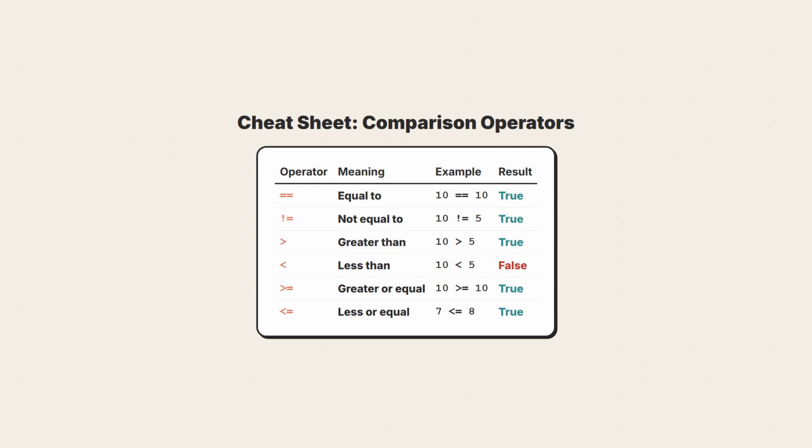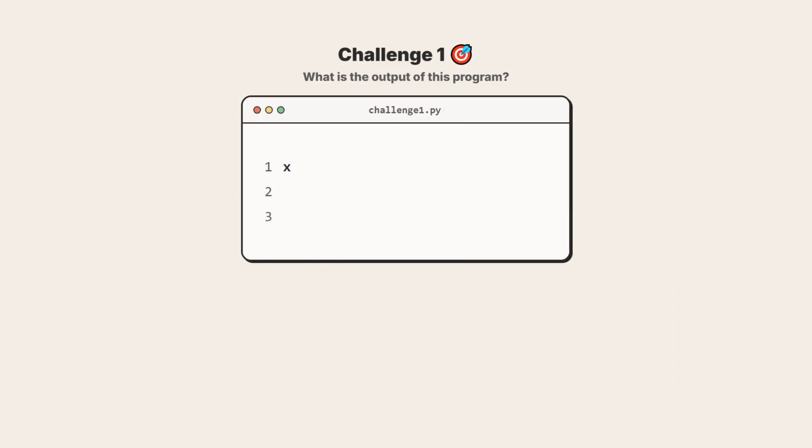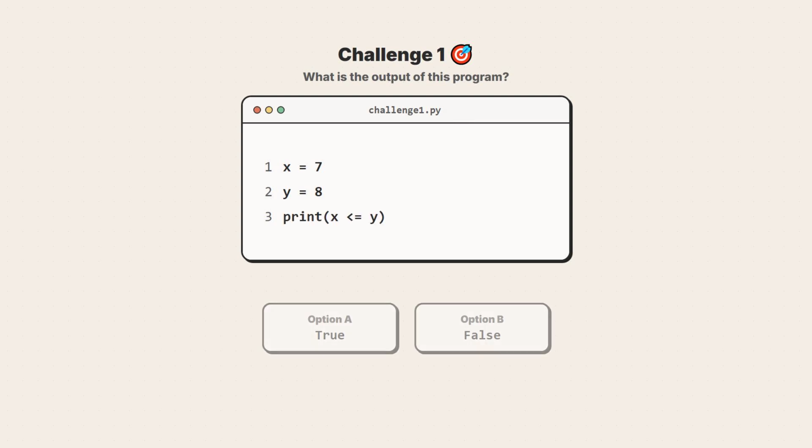Now, let's test your understanding of comparison operators with 3 quick challenges. Look at this first code. x equals 7. y equals 8. Print(x <= y). If we run this, what is the output?